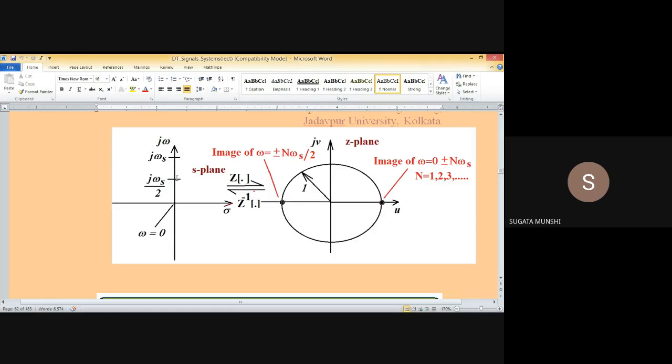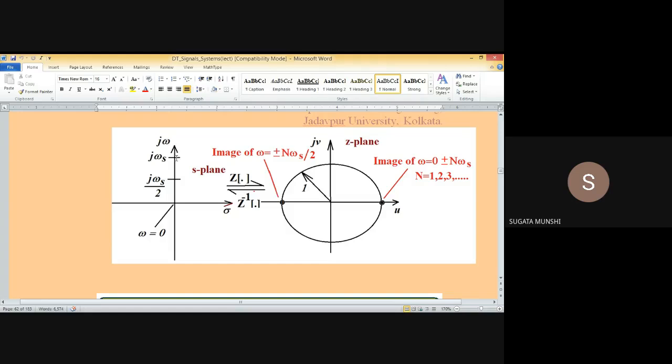As you move further upward, what else will happen? Omega will increase further, so you will be traveling in this direction. Omega will be this angle. In this way, you will continue until you reach the point j omega is.